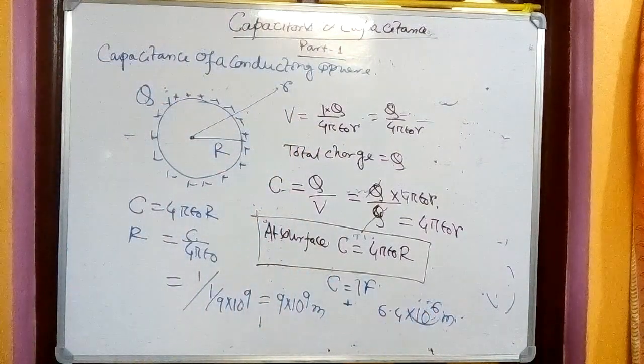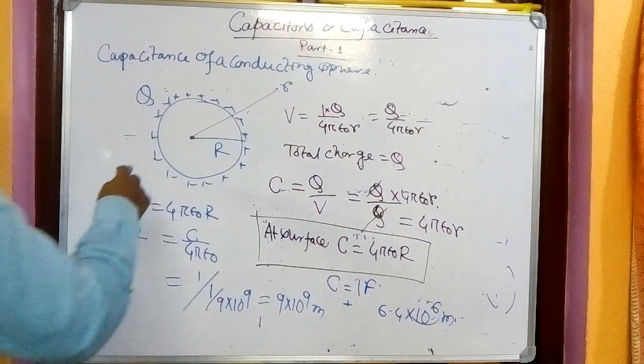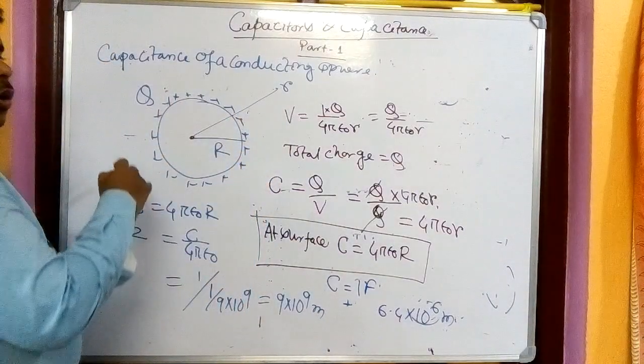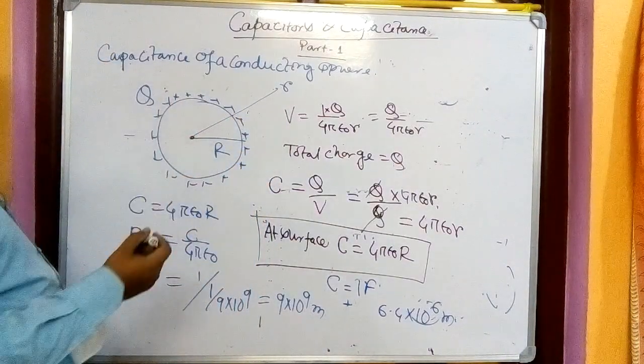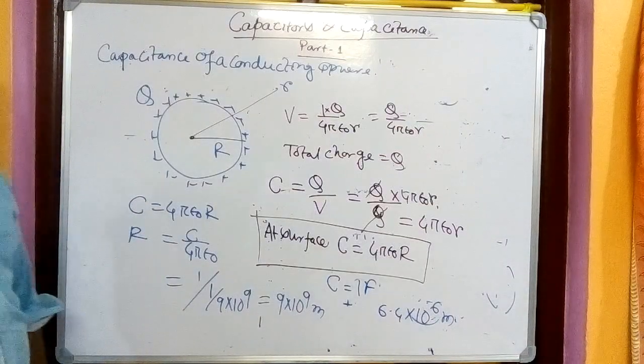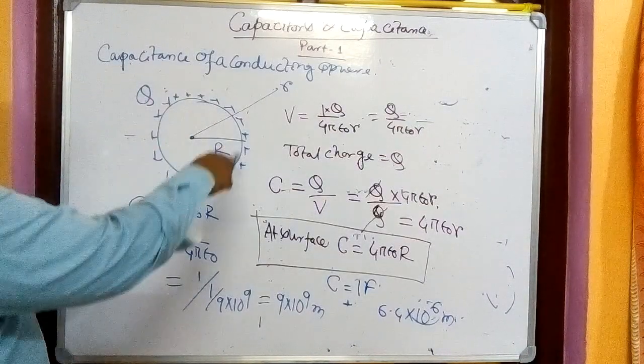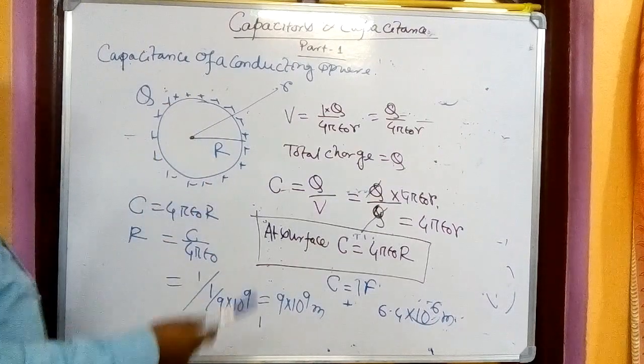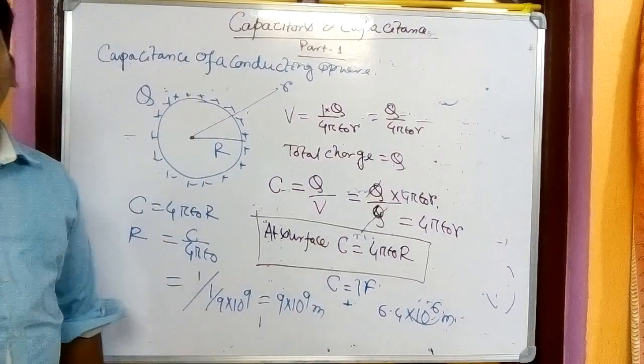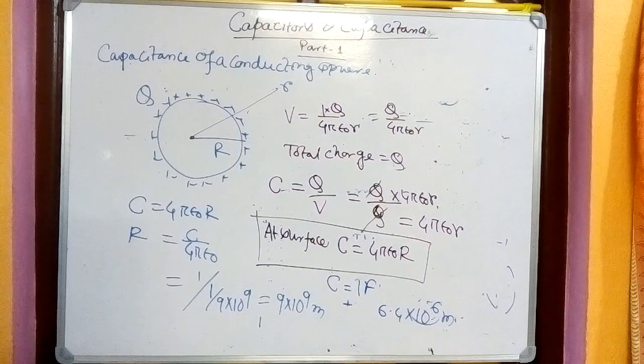So to make a capacity of 1 farad, you need a sphere whose size is more than the size of the earth. So this is one of the big reasons that we cannot use a spherical conductor as a capacitor. We cannot store charge that way.